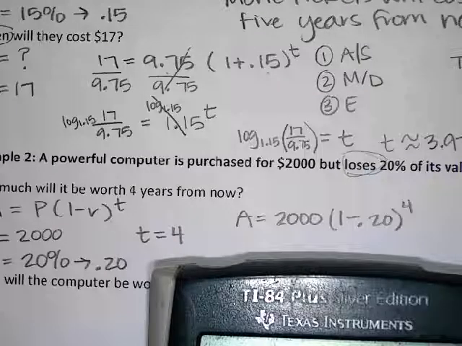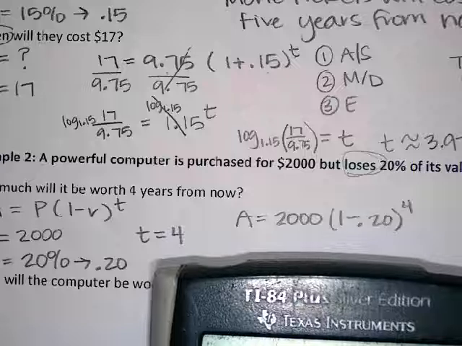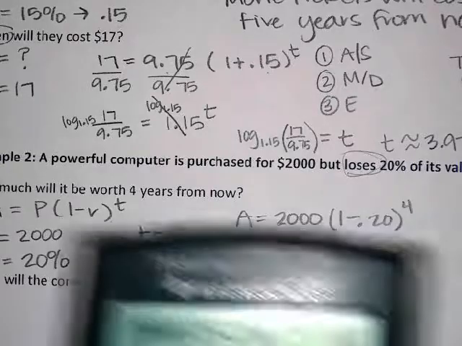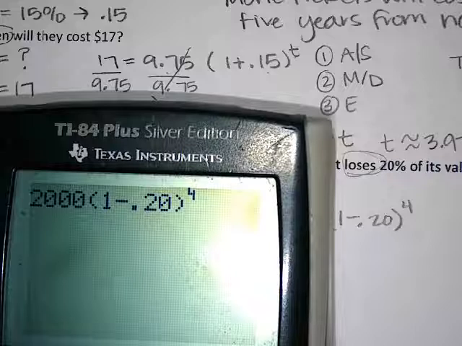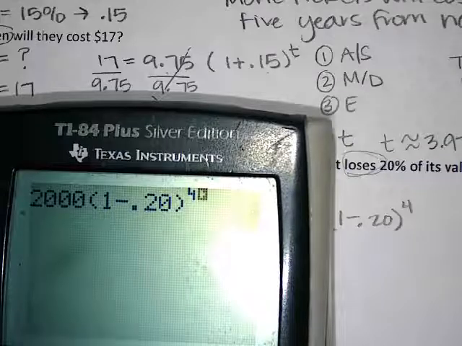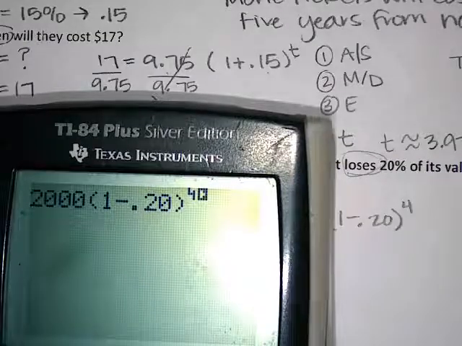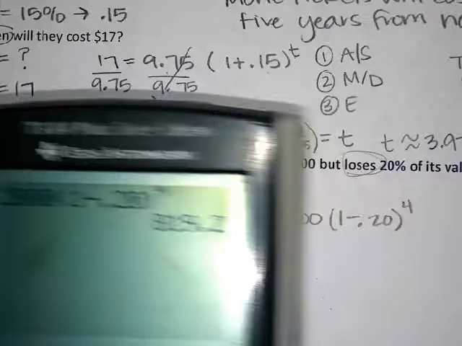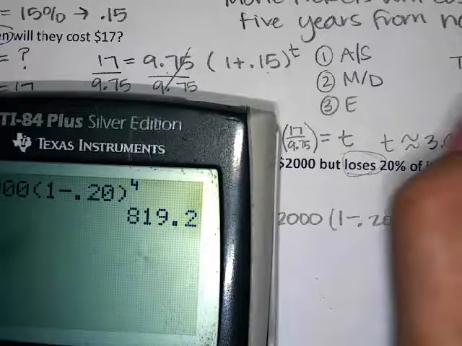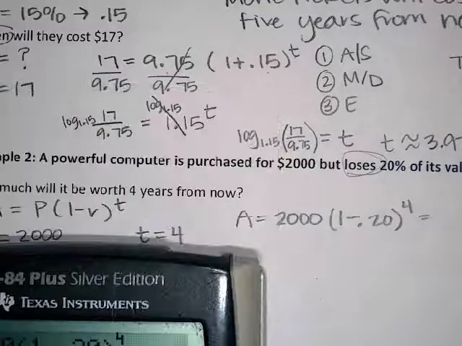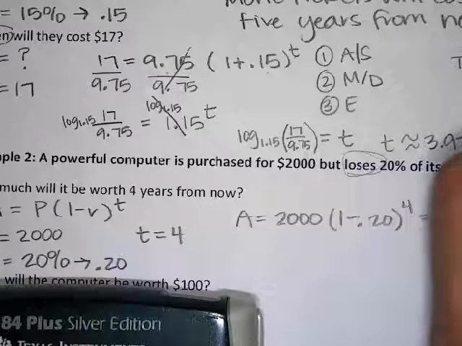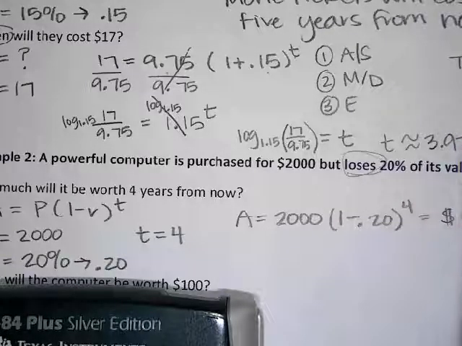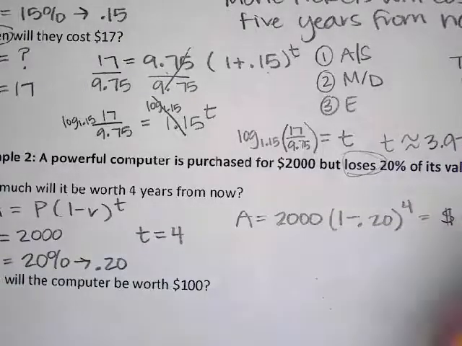Computers and phone stuff decreases by 30%. Can you scoot it over a little bit? Which way?